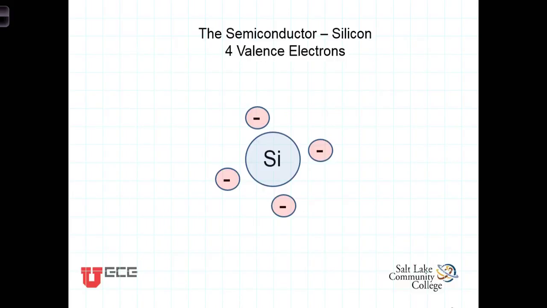Now, silicon and the atoms in the 4A column all have 4 valence electrons. If you study the carbon atom at all, silicon has a similar valence electron structure to carbon. There are 4 outer electrons, or valence electrons, associated with each silicon atom.